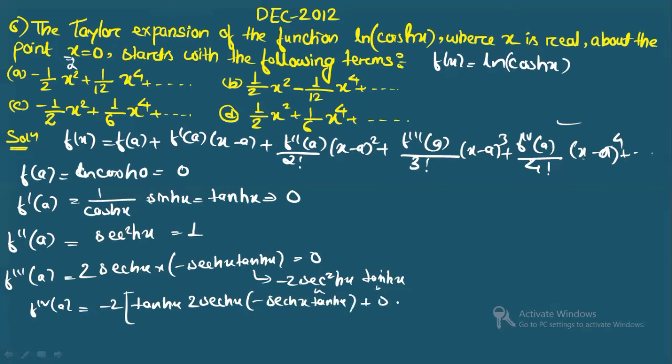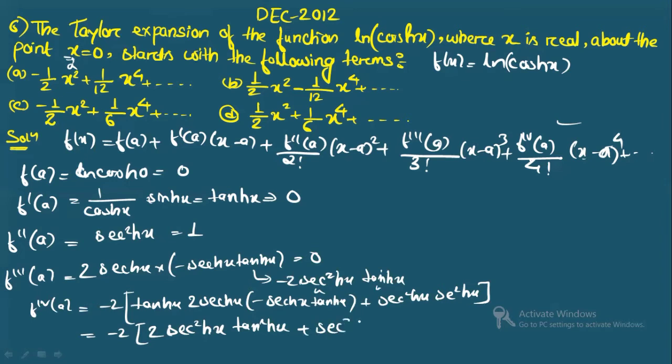Plus this time I'm keeping sech square x constant, tanh x on differentiation will give me sech square x, right? So if I see here minus 2, this is tanh x, this is also tanh x. So you will get 2 sech square x tanh square x, plus sech to the power 4 x.